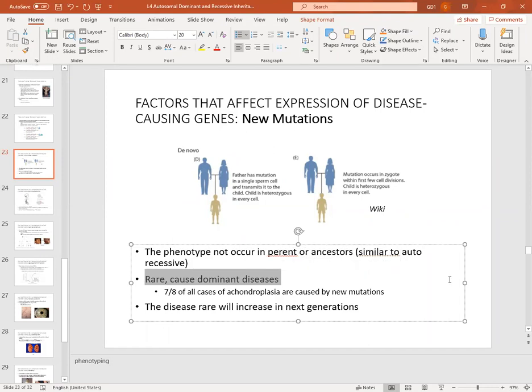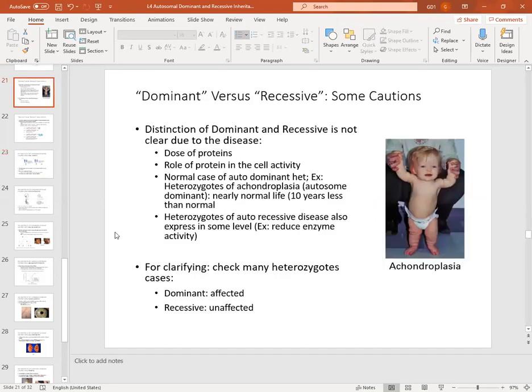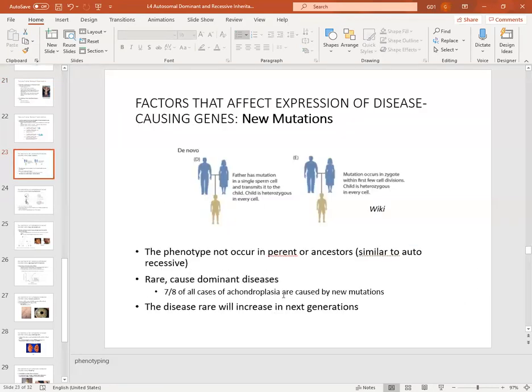Because the mutation is a rare event. It happens spontaneously, and normally they cause a dominant disease. So if the mutation happens, the disease will express, and we can recognize it. For example, most cases of short stature, the girl in the picture here, are related to a new mutation, and the disease rate will increase in the next generation.